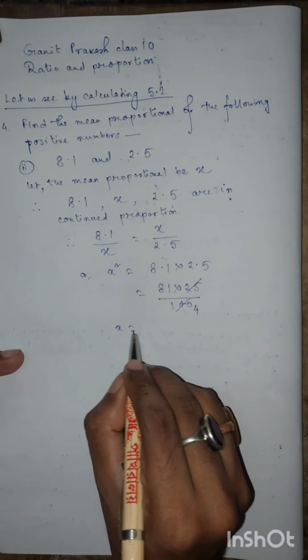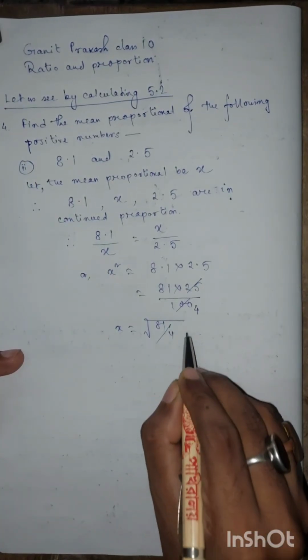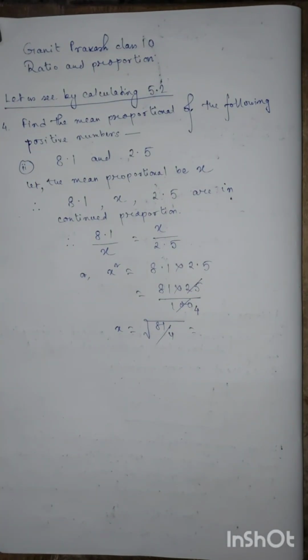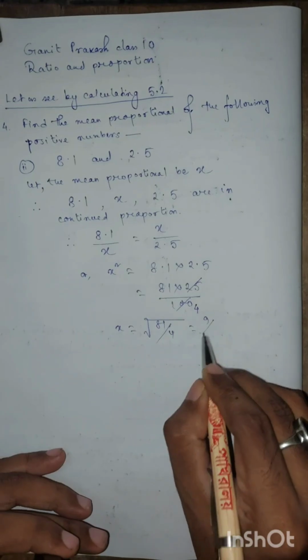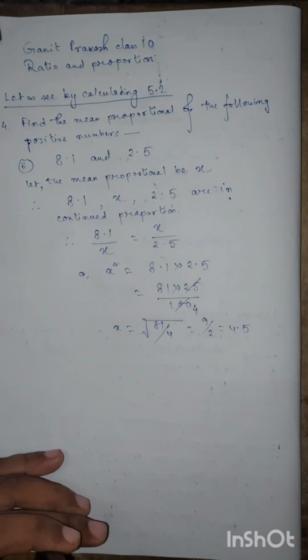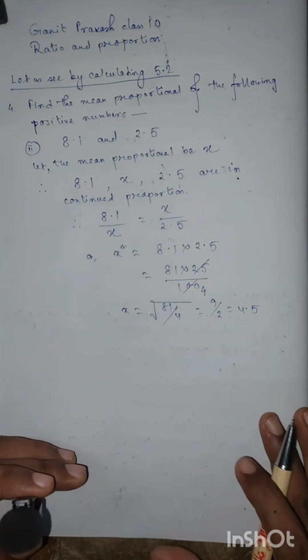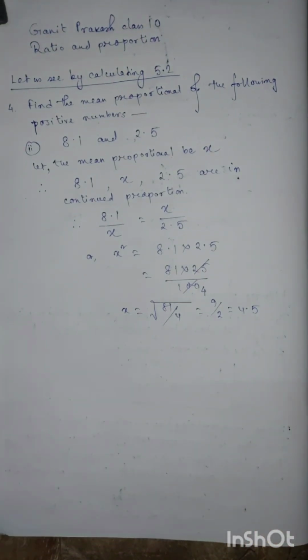Now x is equal to root over 81 by 4. We are only taking the positive value. So it becomes 9 by 2, which is 4.5. So this is our mean proportional.